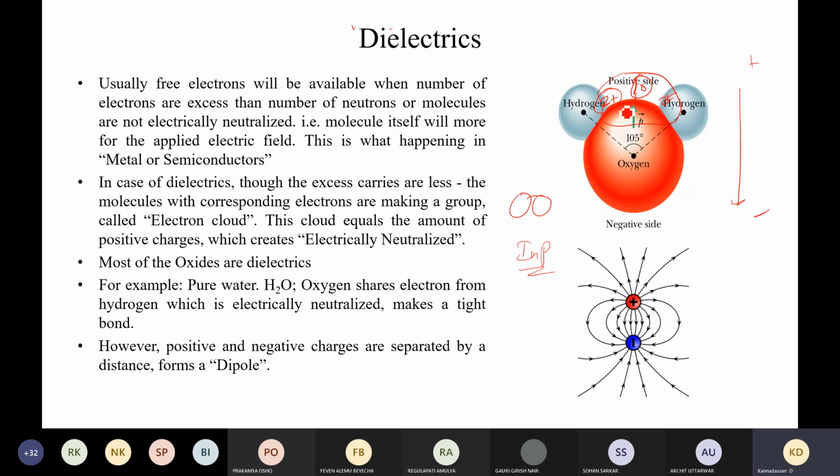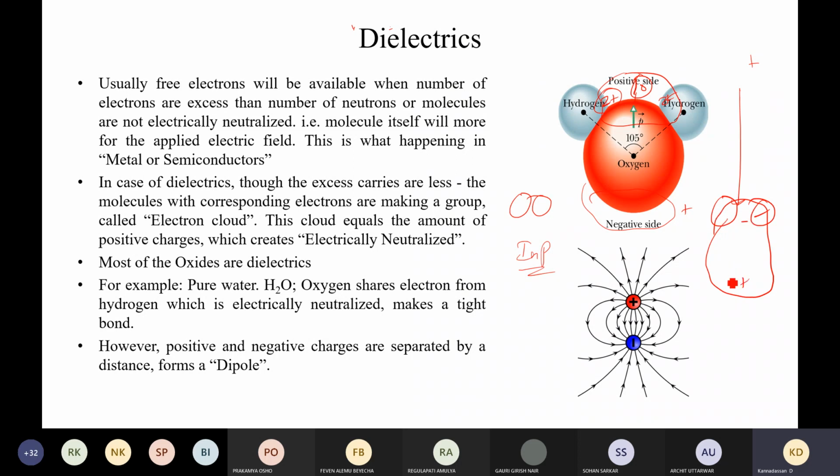So towards the plus it will be going, and on this side it is more like the absence of electrons, which looks like plus. So instead of this shape, the water molecule will be elongated in this way, where the two hydrogen atoms will be coming here and positive negative behavior will come.